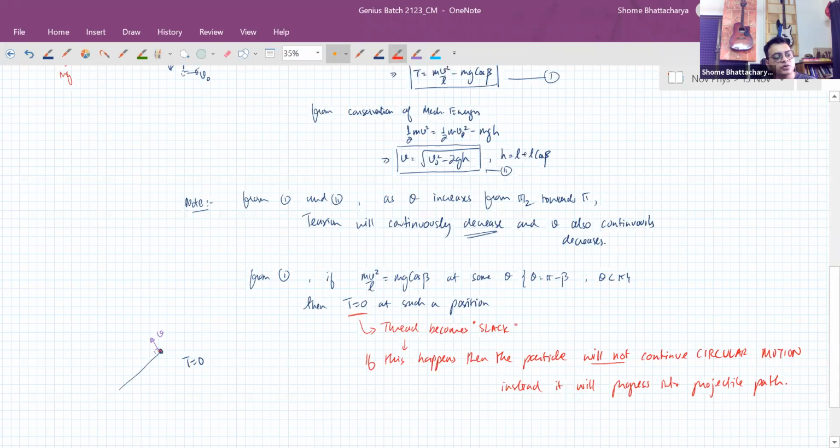So from this point onwards, the path of the particle will be a projectile. It had come up to this point in a circular path, but from this point onwards, it does not continue in a circular path. Instead, it falls in a projectile path.